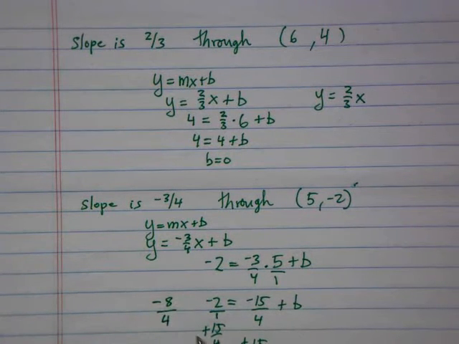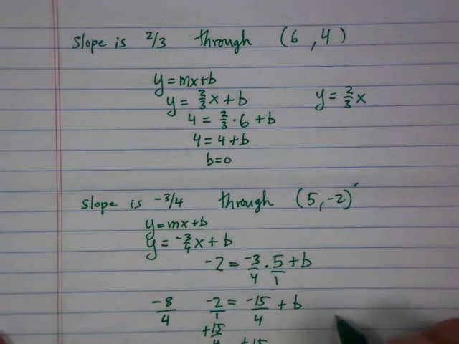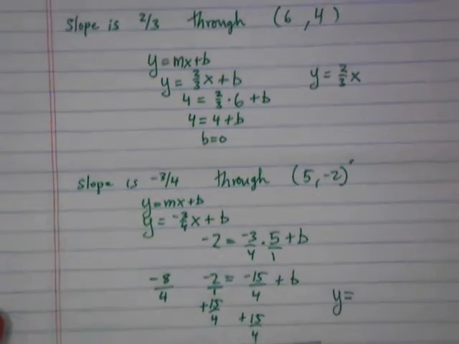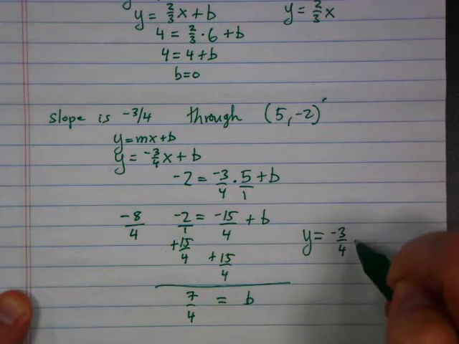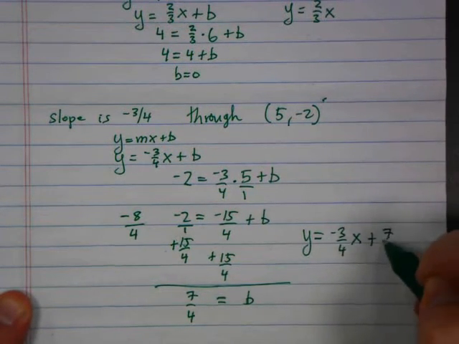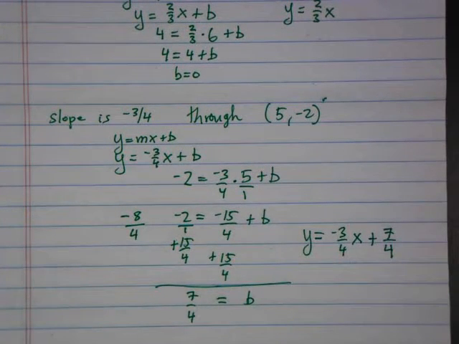Negative 8 over 4 plus 15 over 4 is 7 over 4. So we end up with a fraction. That can happen. Y equals negative 3/4 x plus 7/4. Correct. Questions on that one?